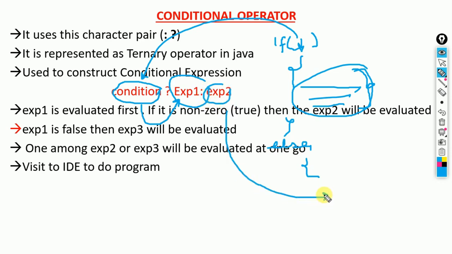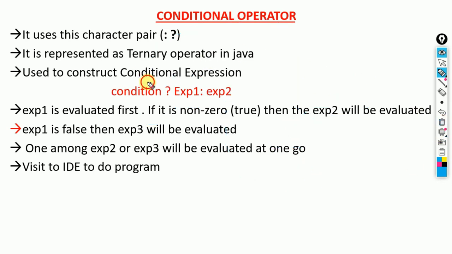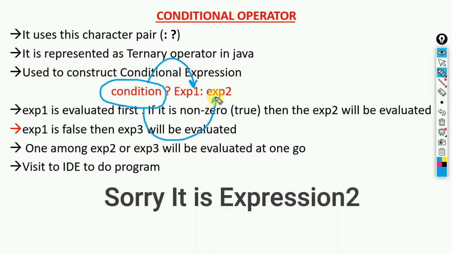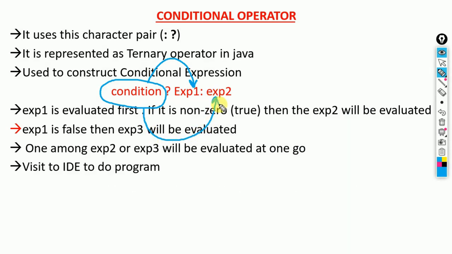Now, in the if-else block, when does else get executed? It executes when the if condition gets false. Then we can say the else block gets executed. Similarly, if the condition is true, we evaluate the first expression, and if the condition is false, we evaluate the second expression. Hope you got this point.